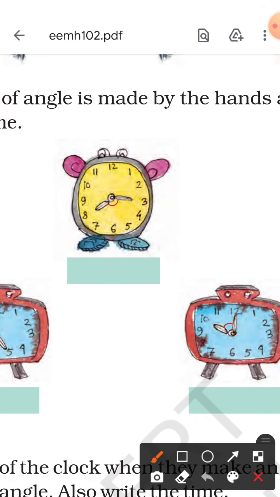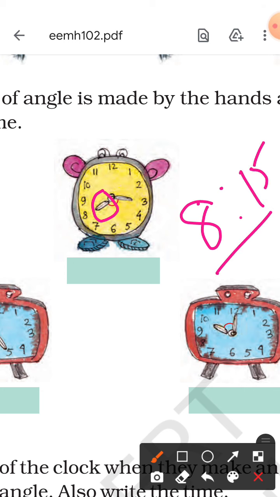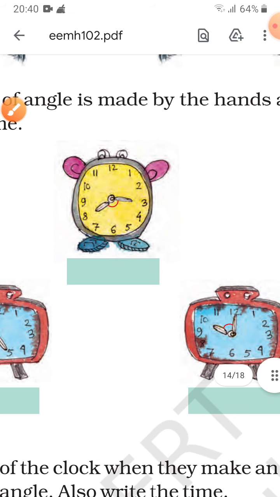If you look at another figure here, our hour hand is at 8 and the minute hand is looking here, so the time is 8 hours 15 minutes, and the angle is larger than 90 degrees, so we can say that this angle is an obtuse angle.